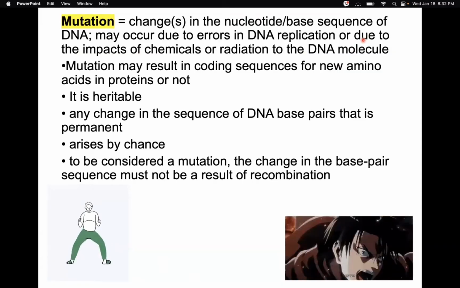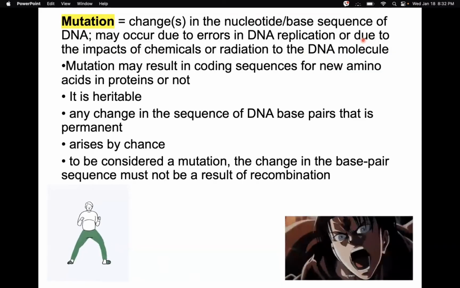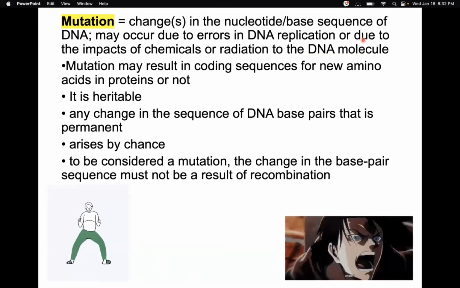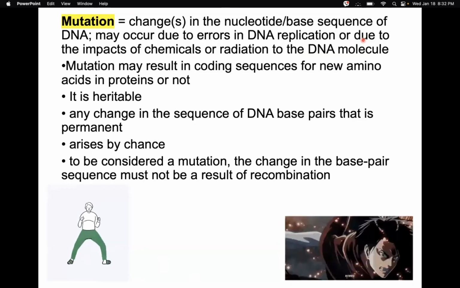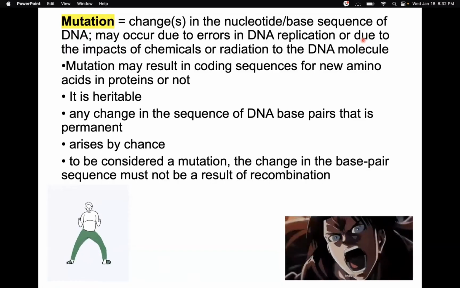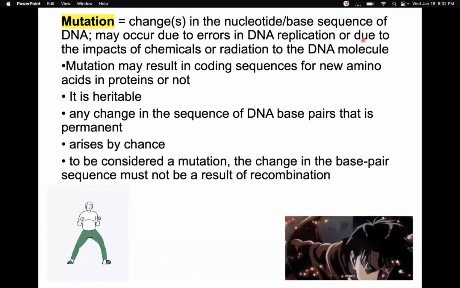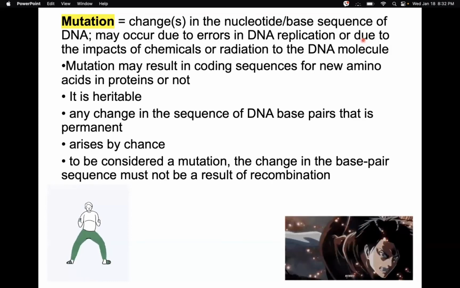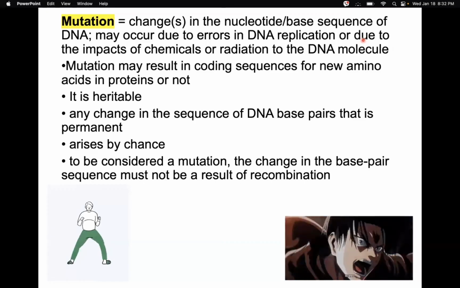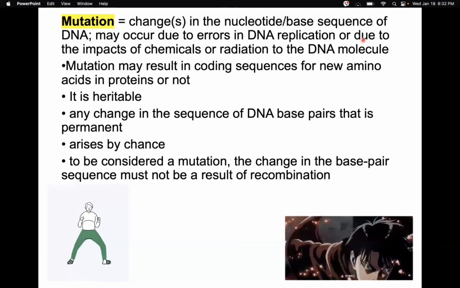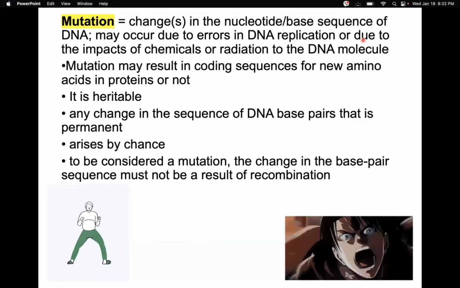It is commonly heard in relation to variants of concern and variants of interest of a certain virus. So mutation can also happen to individuals or persons, even animals that have DNA. Anything that has nucleic acid, mutations can happen to them.